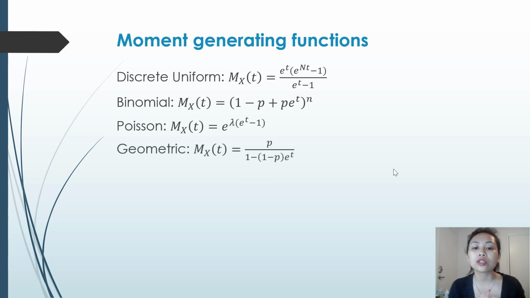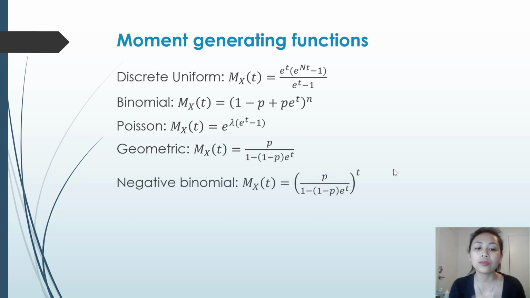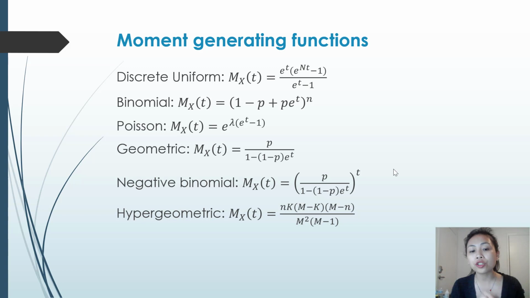For geometric, it is p over 1 minus p e to the t. Negative binomial is p over 1 minus p e to the t, the whole thing to the power r. And the hypergeometric is nk times m minus k times m minus n over m squared times m minus 1.